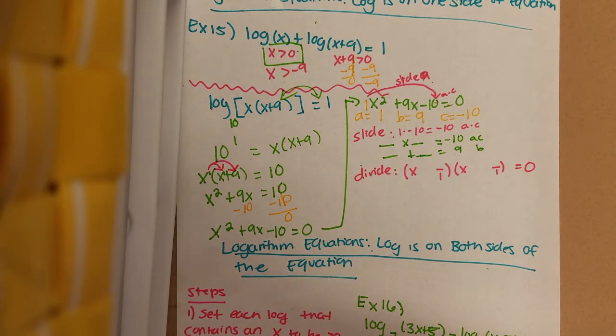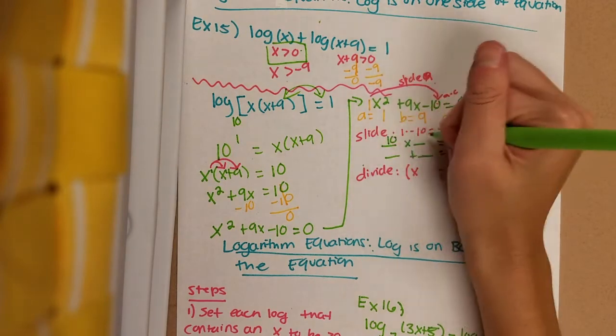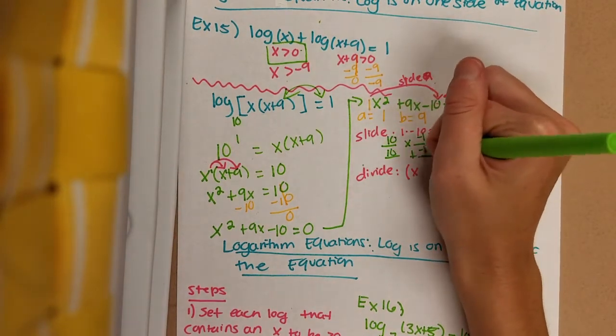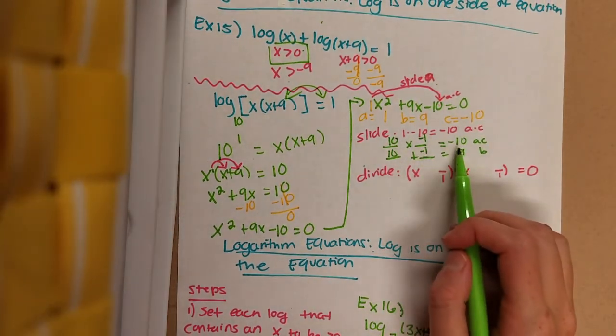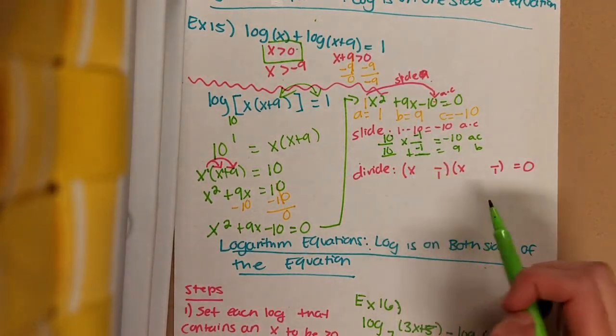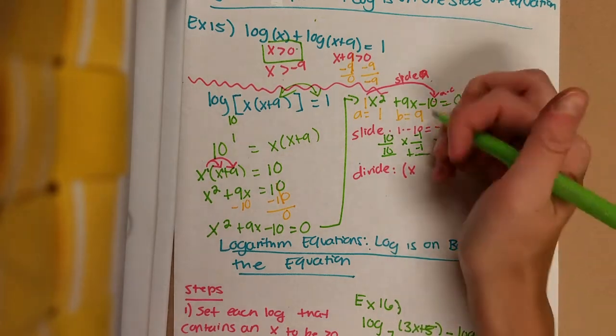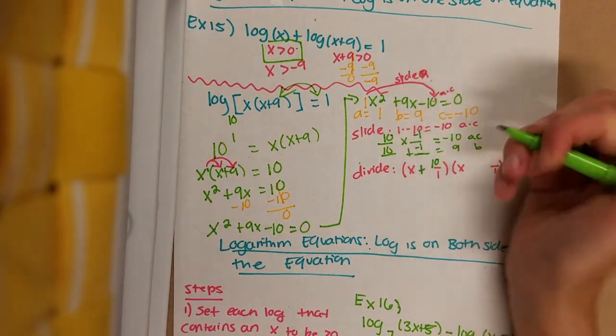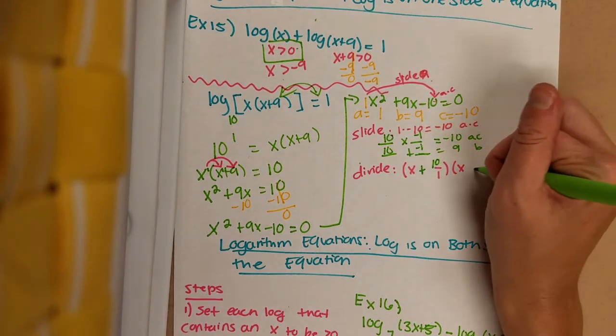Holy hot dog, you guys figured it out. It is 10 and negative 1. 10 times negative 1 is negative 10, and 10 minus 1 is 9. So these are the numbers that go in my parenthesis. I have a positive 10, so it'll be plus 10, and I have a negative 1, so it'll be minus 1.